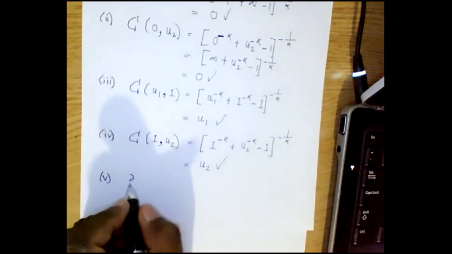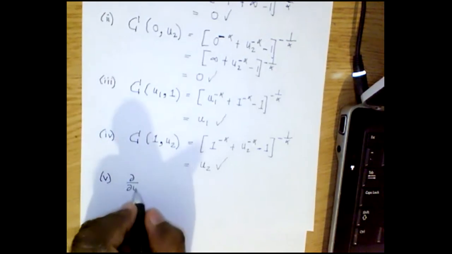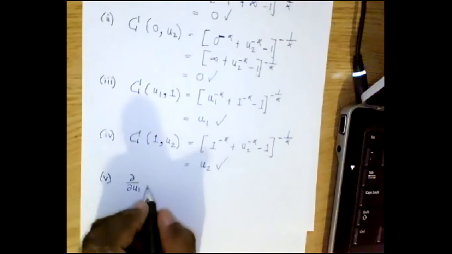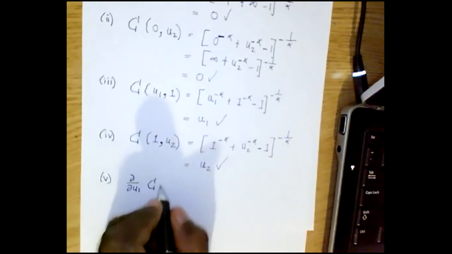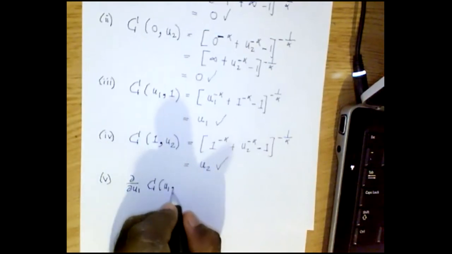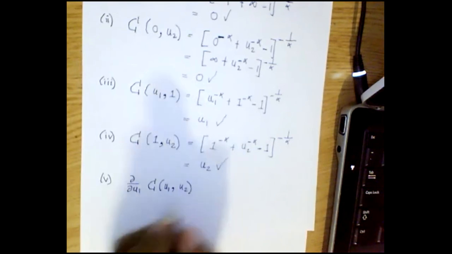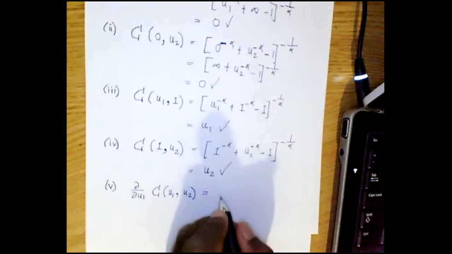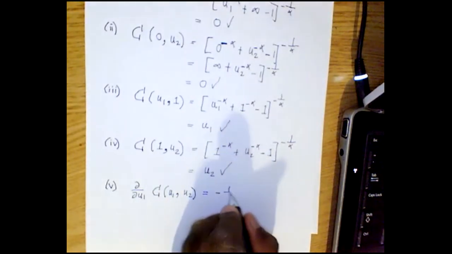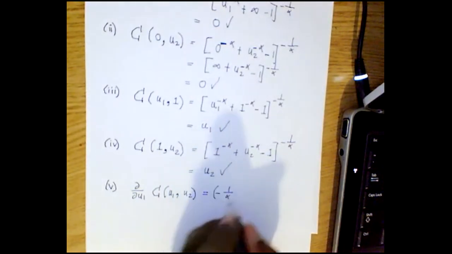And condition 5 is the partial derivative with respect to U1. Right? So if you take the partial derivative with respect to U1, it will be, I'm sure you guys are experts, so you probably know better than I do about differentiation. So this is minus 1 over alpha, right?